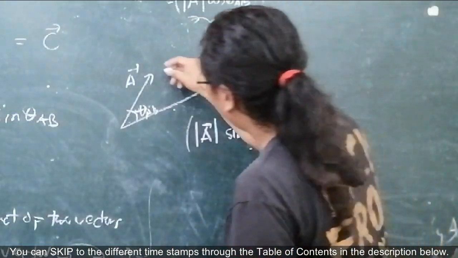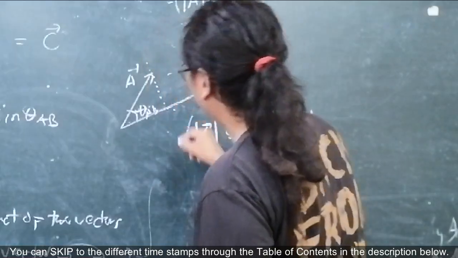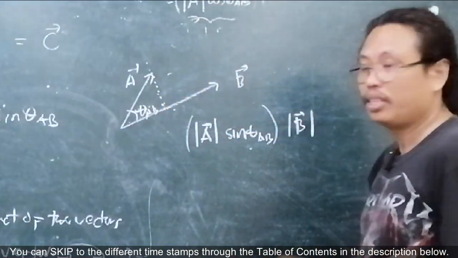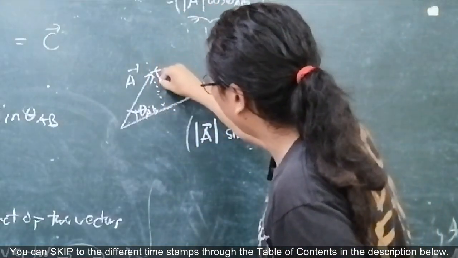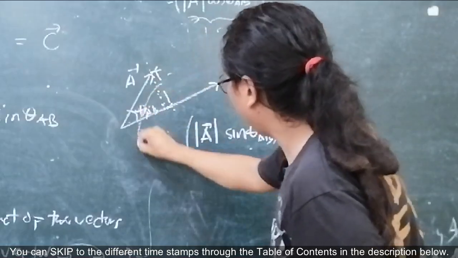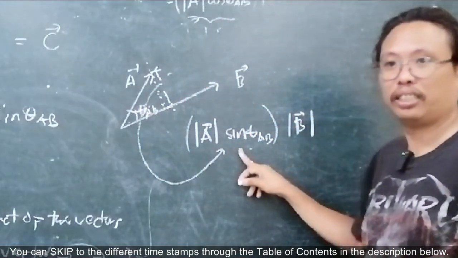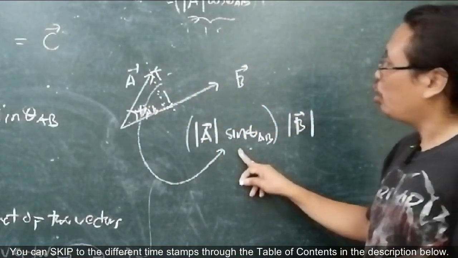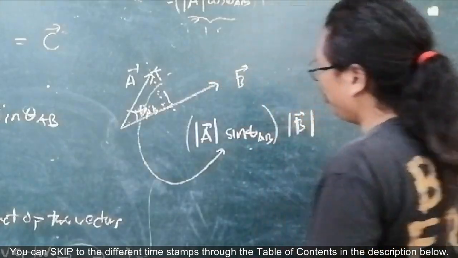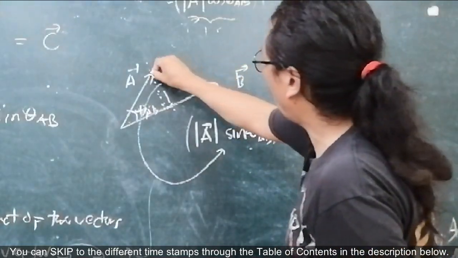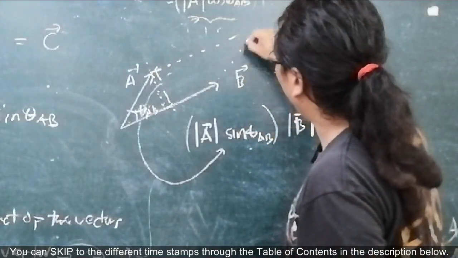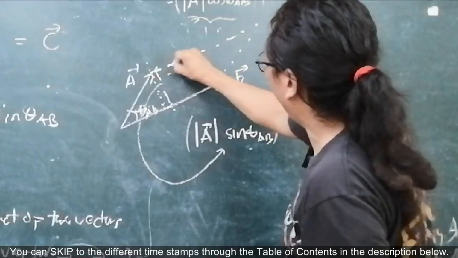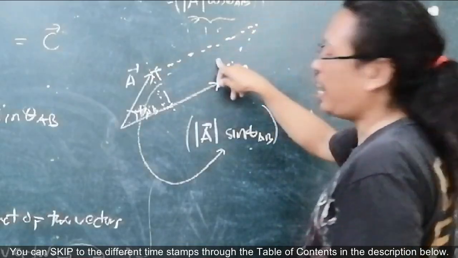Imagine again a right triangle here. This length here is this. So this is in fact the area of the quadrilateral.